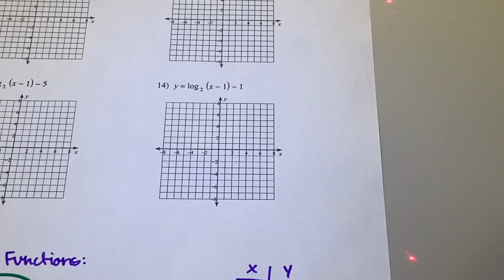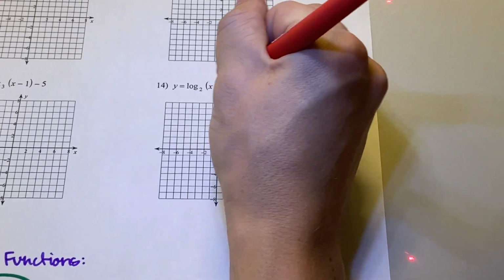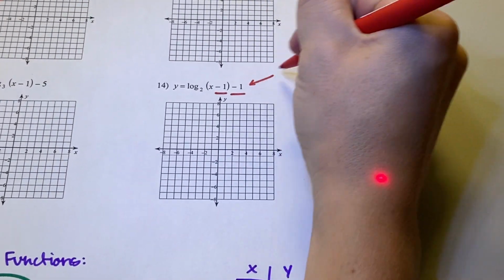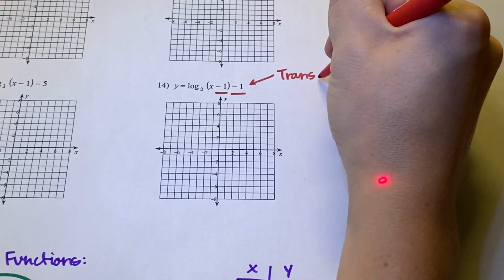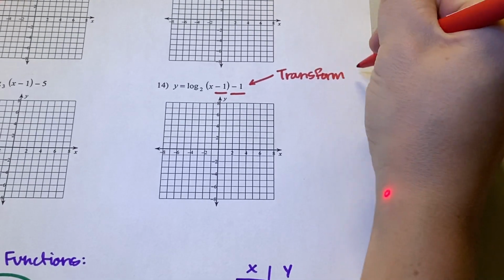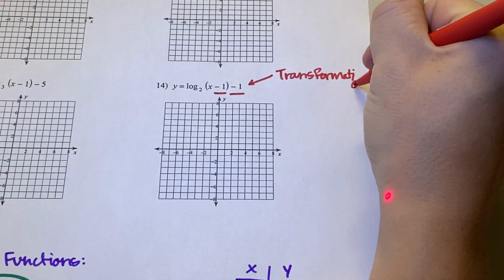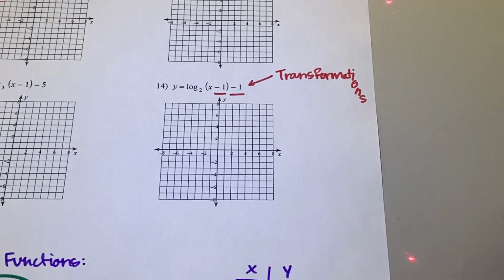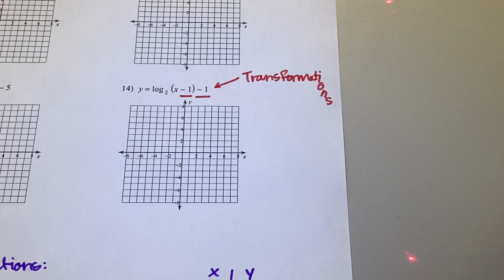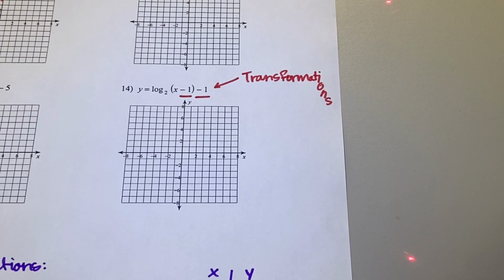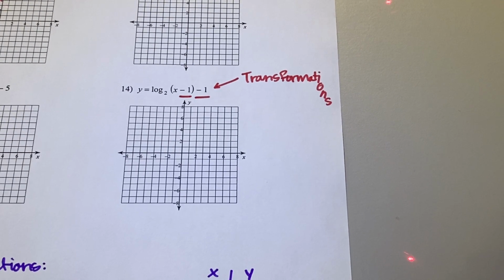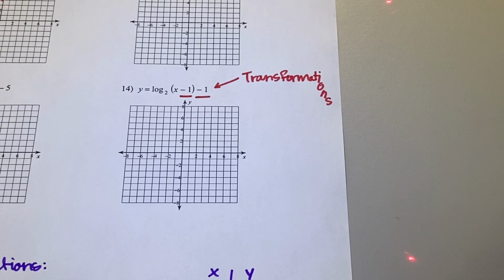These little added things right here are what we call transformations. Something's been added to your parent function. And guess what? It is as simple as you have your parent function. These transformations are just making it move on the graph. That's it. Just making it move.